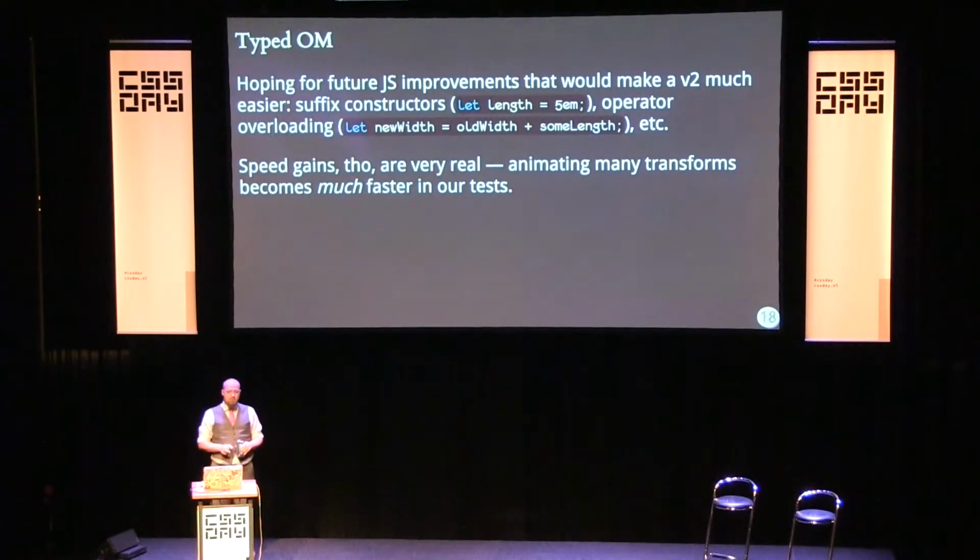You're not even doing any string parsing yourself, just the browser having to parse the transform string and turn it back into an actual internal representation takes a significant amount of time. And it pretty much disappears completely if you do it in typed OM. Parsing equivalent stuff drops to essentially zero cost. It's really amazing.